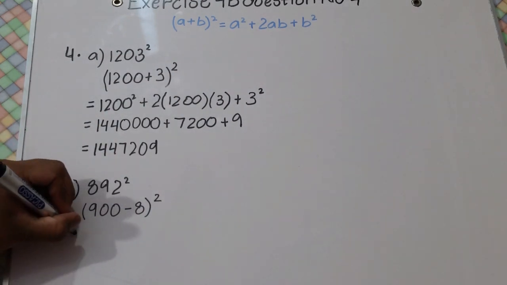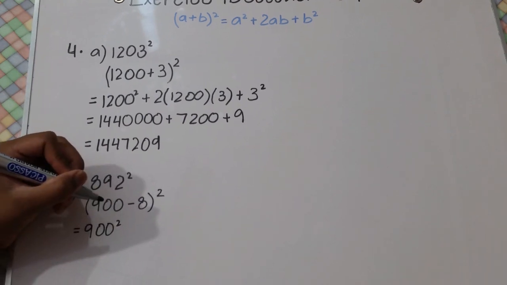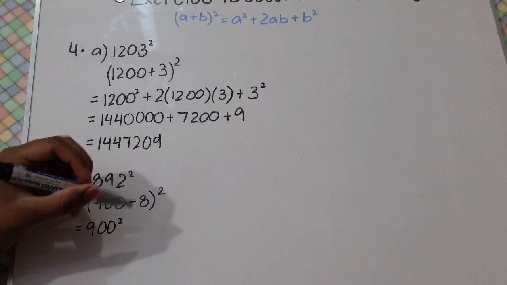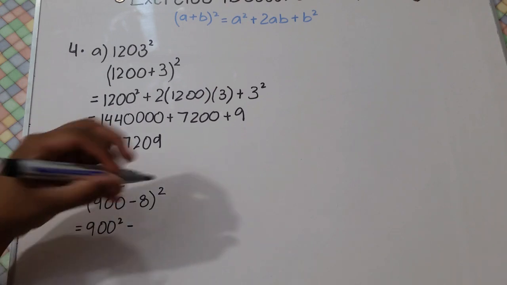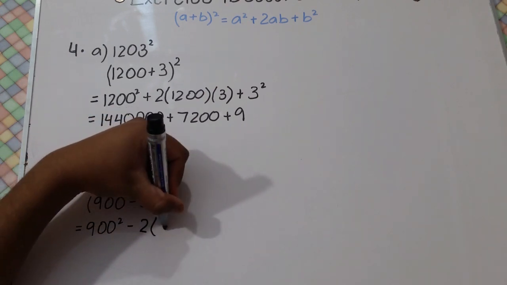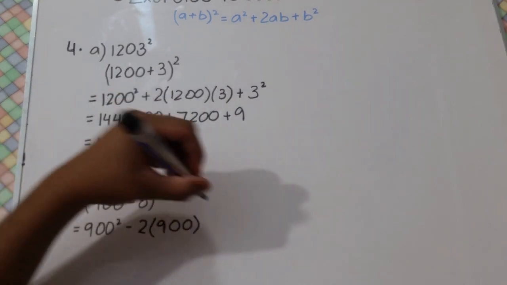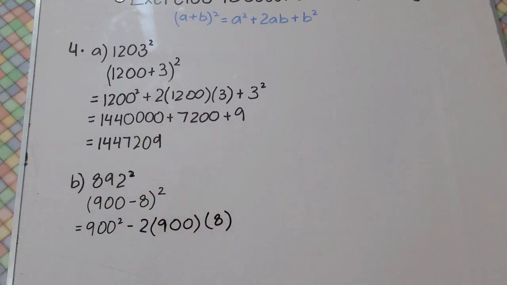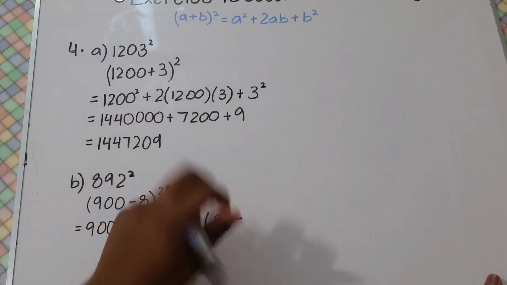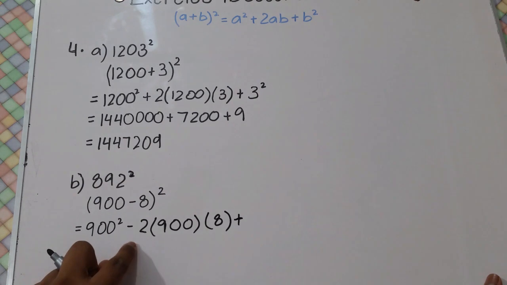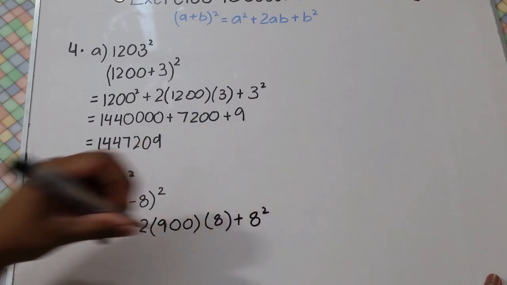Simply we are going to do the same steps: 900 square, and now it would be minus 2 into a, 900, and into 8, which is the value of b, then plus b square, so 8 square. In the first one we write plus and in the middle one minus.